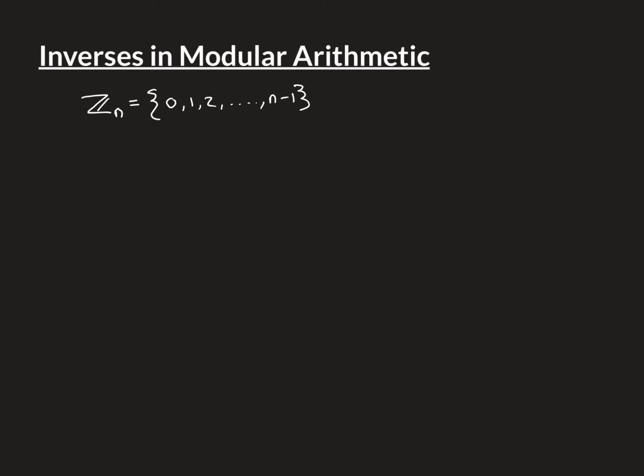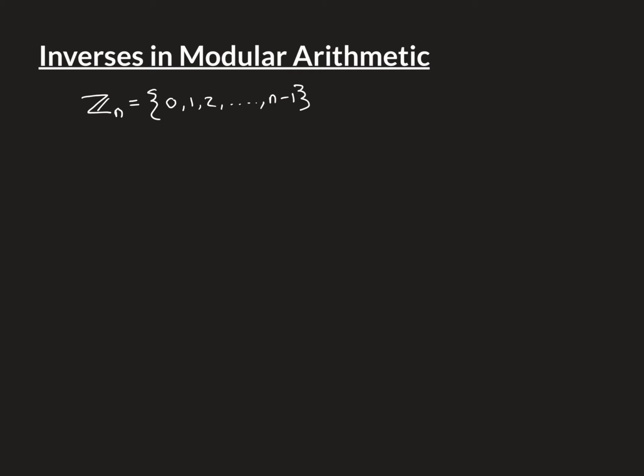And remember, the way those composition laws are defined is you think about each of these elements as representing a congruence class modulo n in the larger ring of integers. If you want to know what any two elements added together or multiplied together is, you go to their congruence classes, pick representatives out of them, and add or multiply those representatives in the integers.